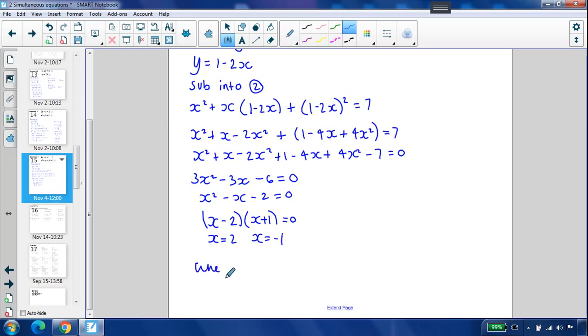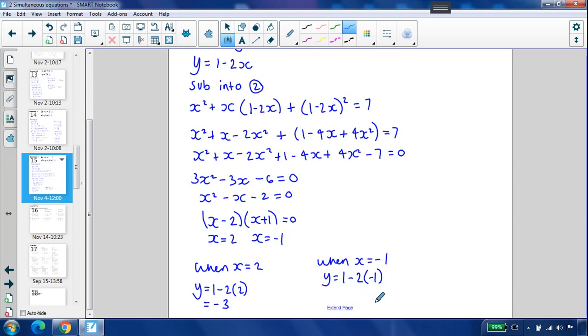So when x is equal to 2, I'm going to substitute it into this y is equal to 1 minus 2x. Y is equal to 1 minus 2 multiplied by 2. So y is going to be equal to minus 3. And then when x is equal to minus 1, y is equal to 1 minus 2 multiplied by minus 1.